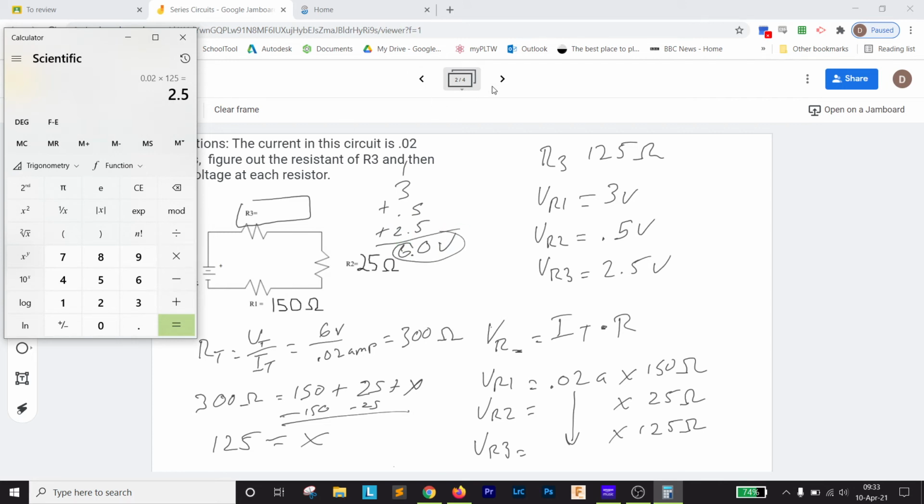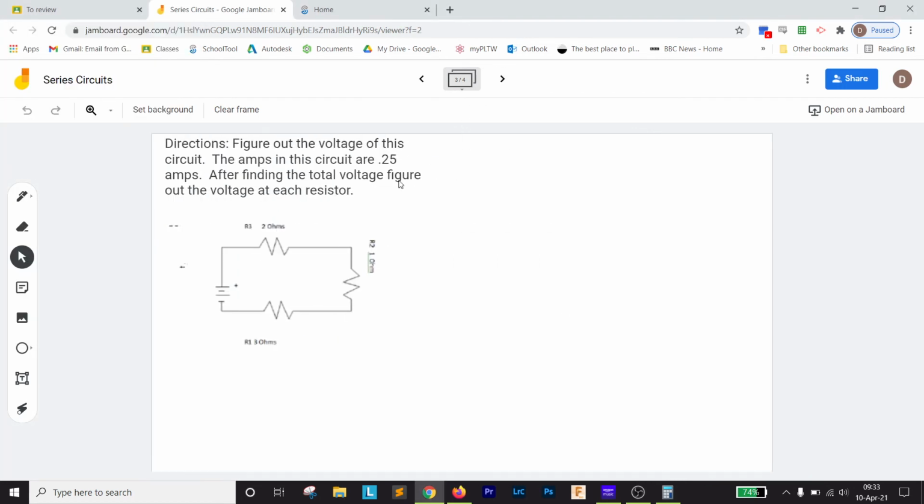All right, so moving on to the last one. This one figures out the voltage and then the voltage at each resistor. So we're going to need V total equals, and then VR1, VR2, and VR3. Okay, so first thing we got to do is figure out R total.